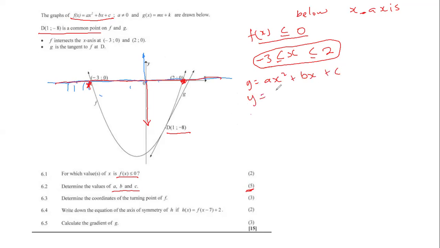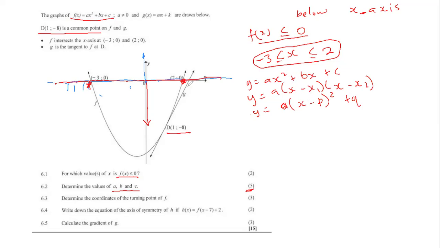We had y equals a into x minus x1 into x minus x2. We also had y equals a into x minus p squared plus q. So we need to know which one we're going to use between these.